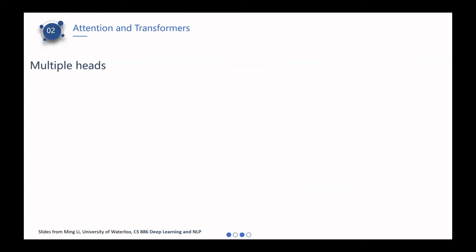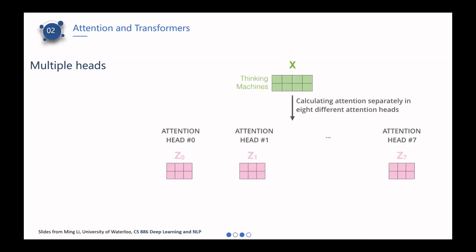Now, this was one head, but we can have multiple heads. We took X, the words 'thinking machines,' and used just one head. Instead we will have 8 heads: attention from head 0, head 1, 2, 3, up to 7.